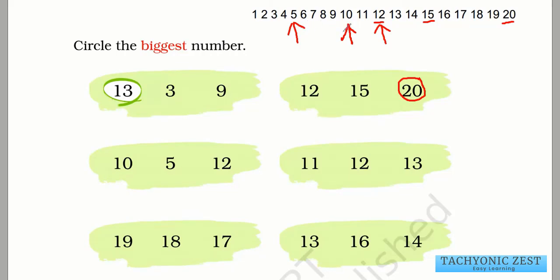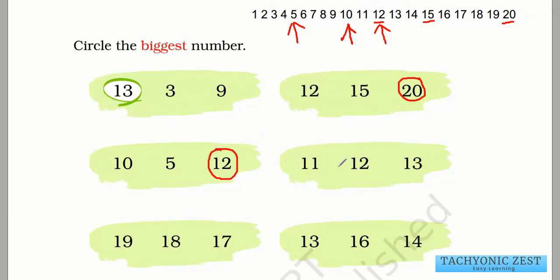If 12 is the biggest number, it has to come after 5 and 10. If we count from 5, we can see 5 comes first, so 5 6 7 8 9 10, then comes 10, then 11 12. So 12 comes at the last. So 12 is the biggest number.